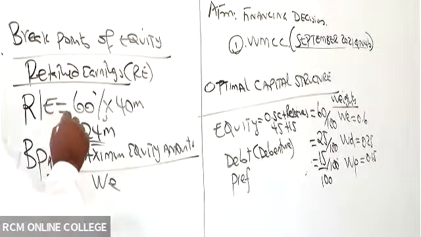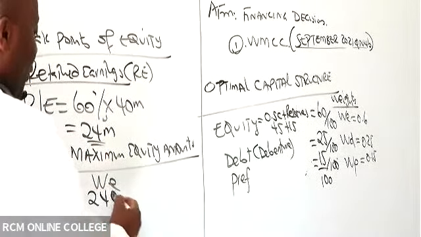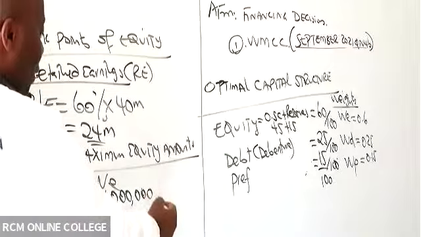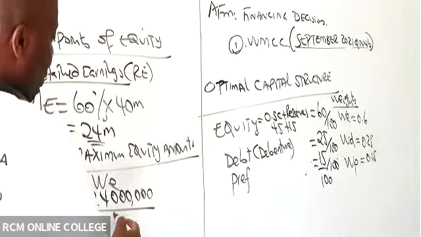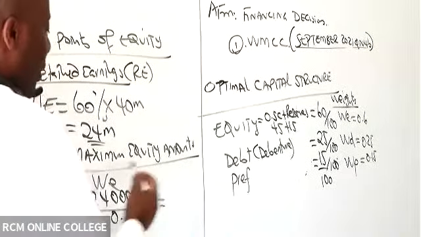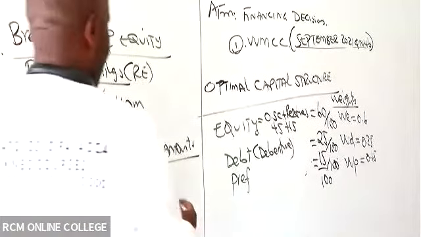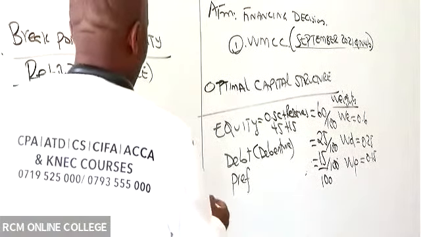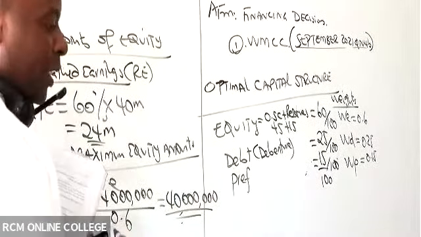So from the retained earnings equity amount, I can get comfortably 24 million, right? 24 million divided by the weight of equity which you had obtained, which was 0.6. So 24 million divided by 0.6 gives me 40 million. I'm so sure all of us would have gotten this correctly.